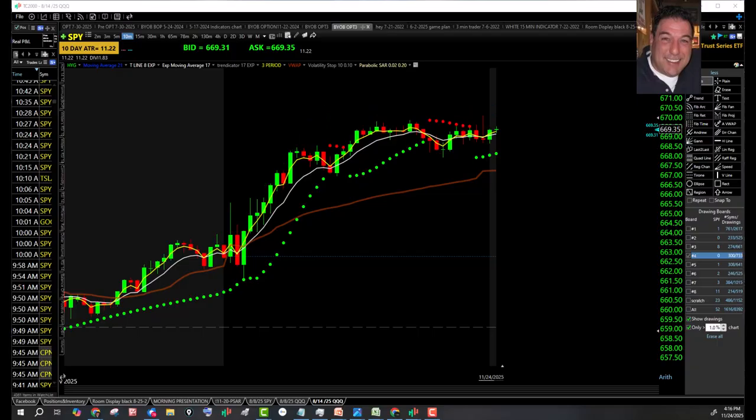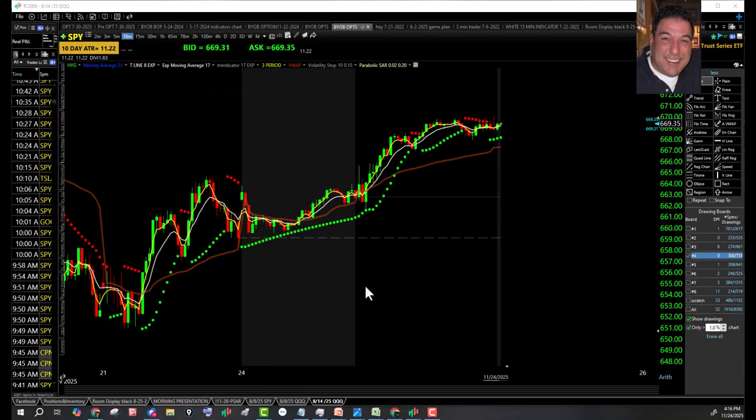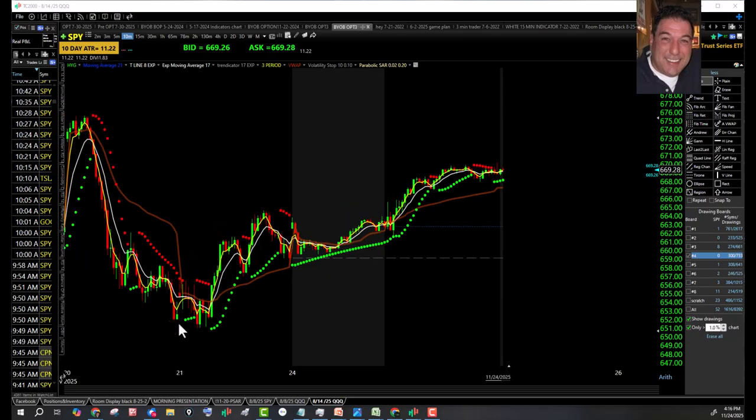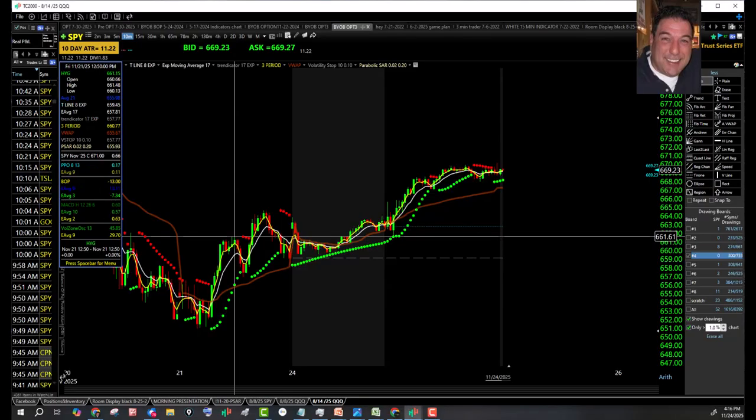Let's take a look at Friday's price action. On Friday, we failed to make a significant lower low, and price ran off to make a higher high. See this high right here?